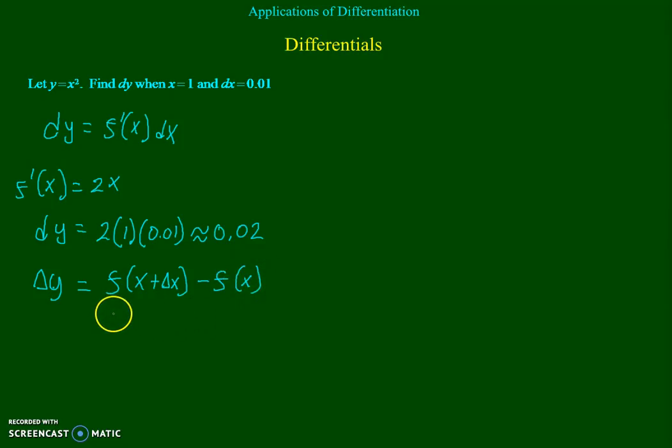So this gives us f of 1 plus 0.01, because that's our delta x, minus f of 1, which is 1.01 squared, substituting in here, minus 1 squared.